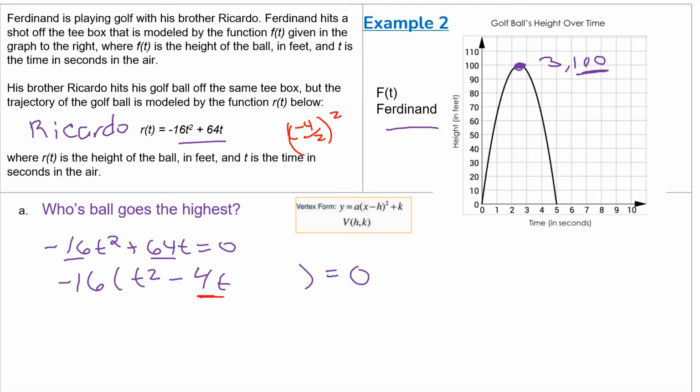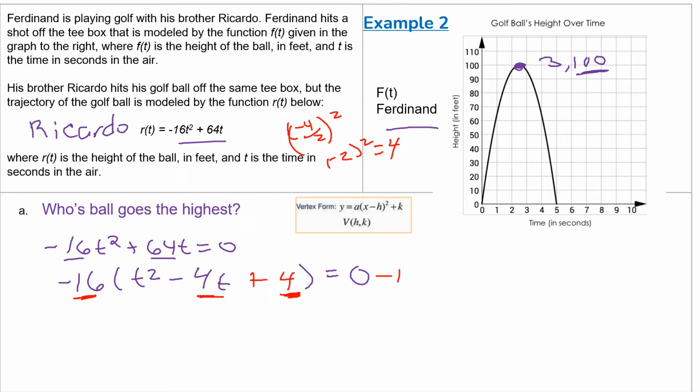Half of negative 4 is negative 2, and negative 2 to the second power is 4. So I'm adding 4 here, but I have to add the equivalent on the other side. So since this 4 right here is really being multiplied by negative 16, I have to multiply the 4 times negative 16 and add that on the other side.